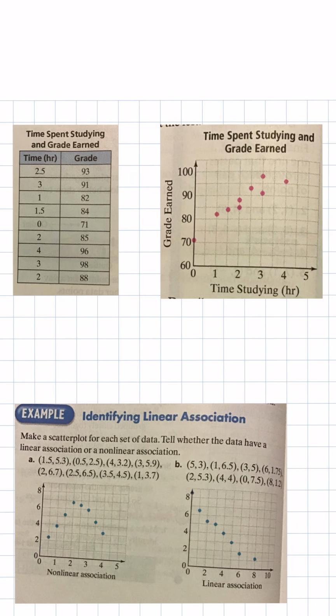So now if we took this chart that shows the time spent studying and grade earned. So spent 2 hours and 2.5 hours of time, got a 93. So here we are, time spent and grade earned. So we took these numbers and put them into a scatter plot. And based on this, we can identify what type of association this chart shows.